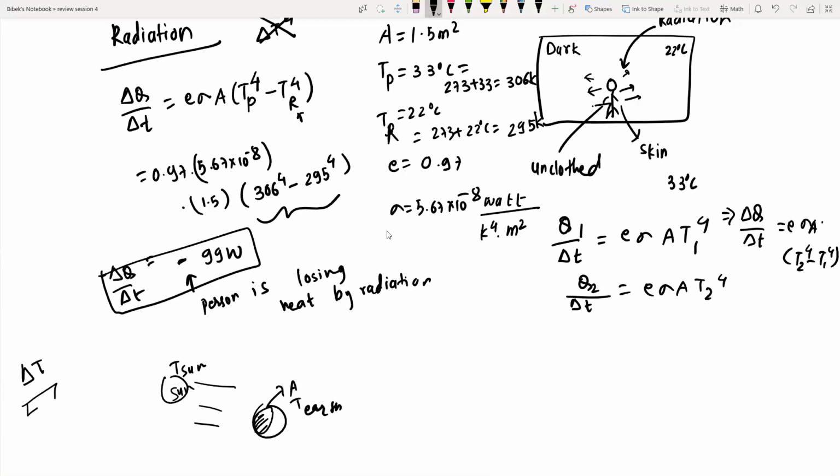Sometimes we were dealing with a rod, sometimes with a cup of coffee, or with change in temperature in the same system, right? Same object. Here we are dealing with one object losing heat, but we don't need to take care about the final temperature. We just need to insert the temperature of the sun or the hotter object that is losing heat. So we don't need to take care of that.